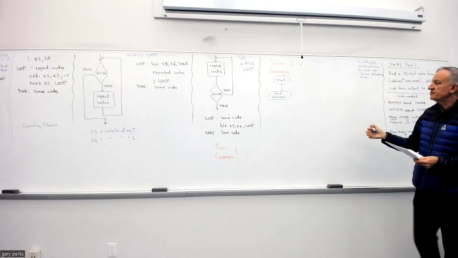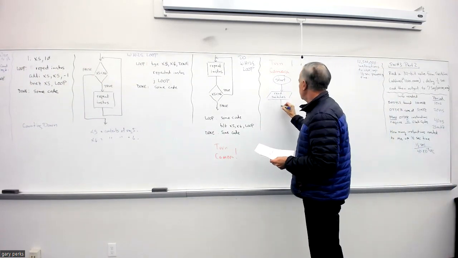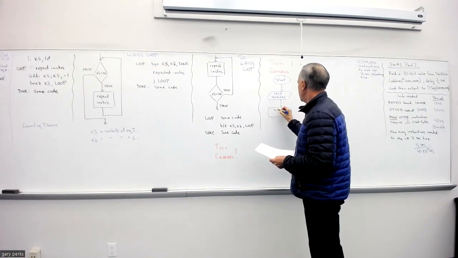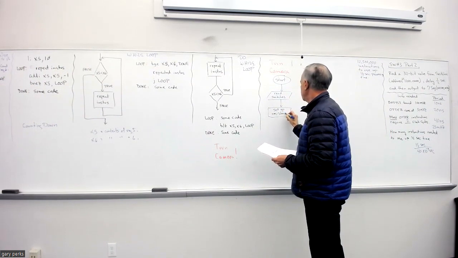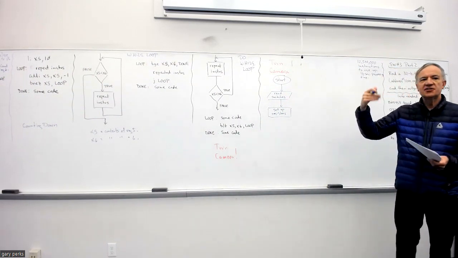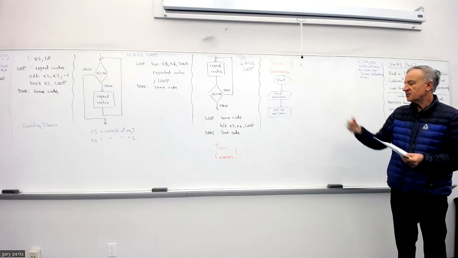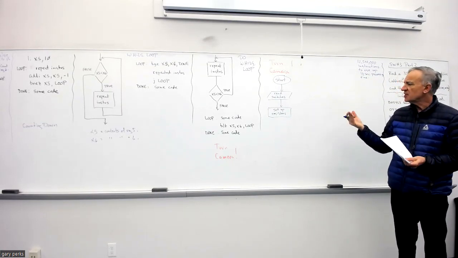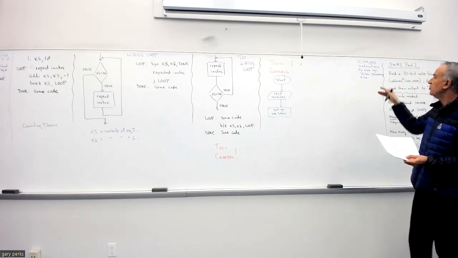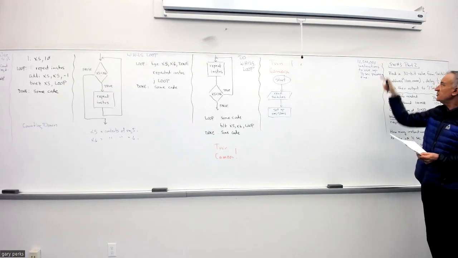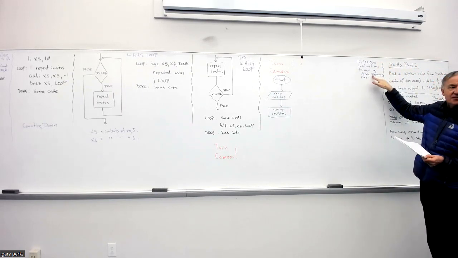In the flow chart I didn't get that specific, I just put set up registers. Right, because we're going to need a register that's keeping track of how many times we're looping. You're going to see there's a loop coming up. And then we also need a register to hold the total number of instructions, because we need this many instructions to get this amount of delay, this half second.